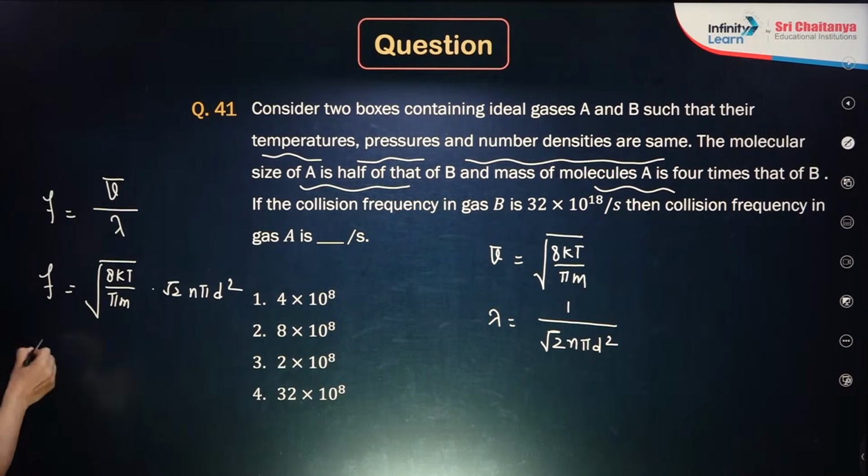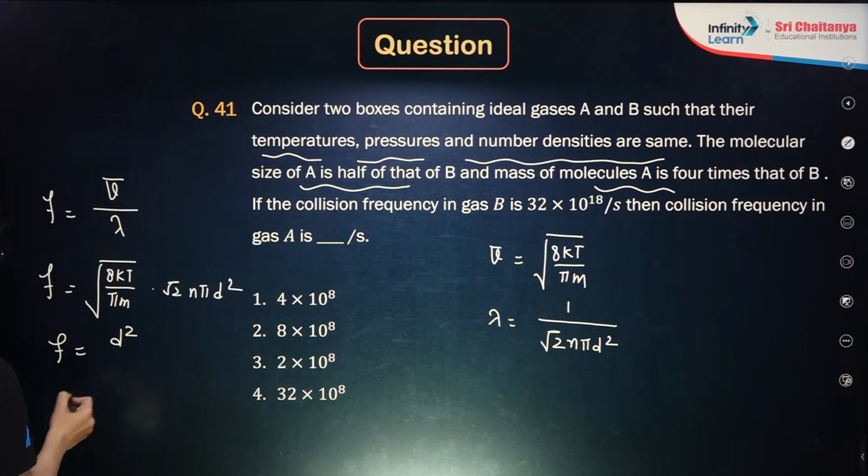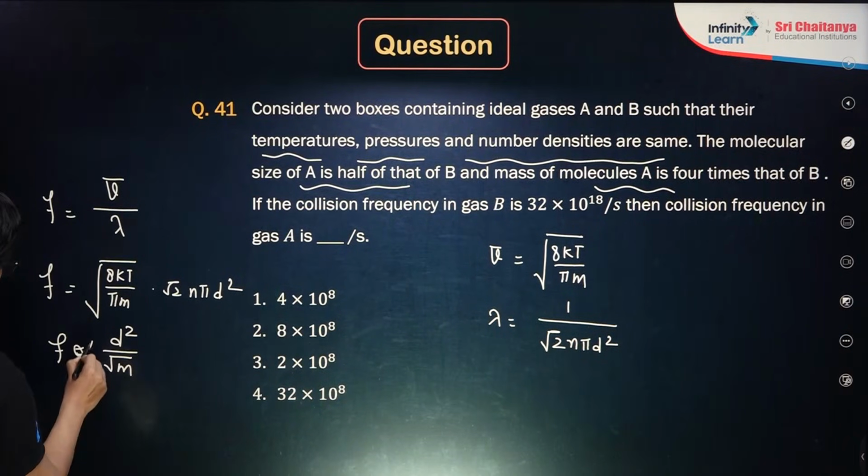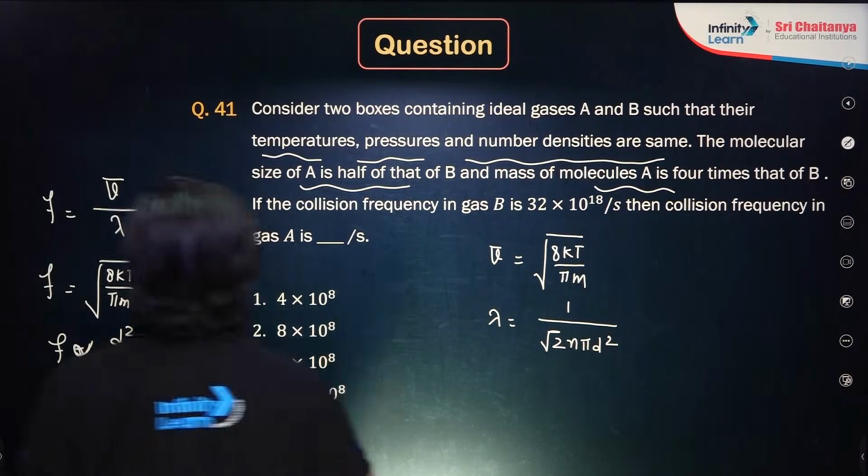From this we can write that the frequency is proportional to d square by square root of m.